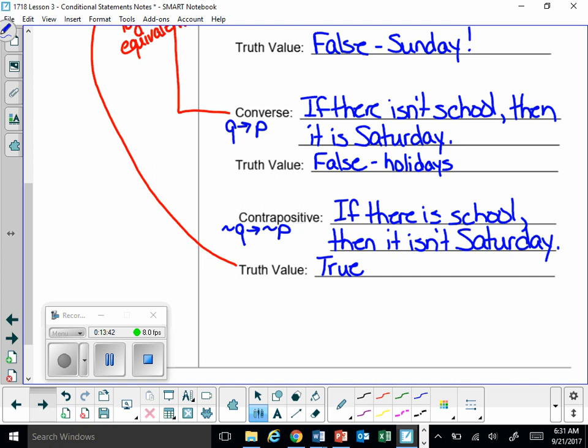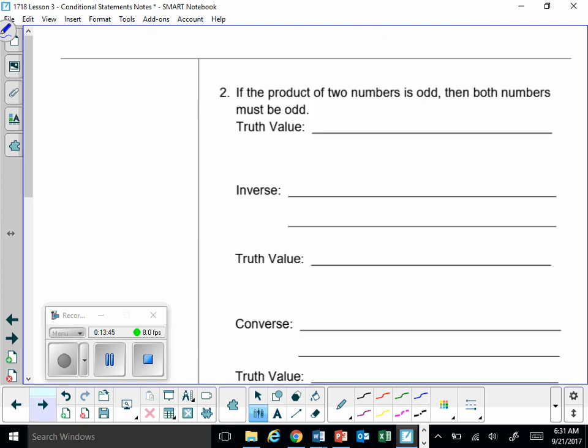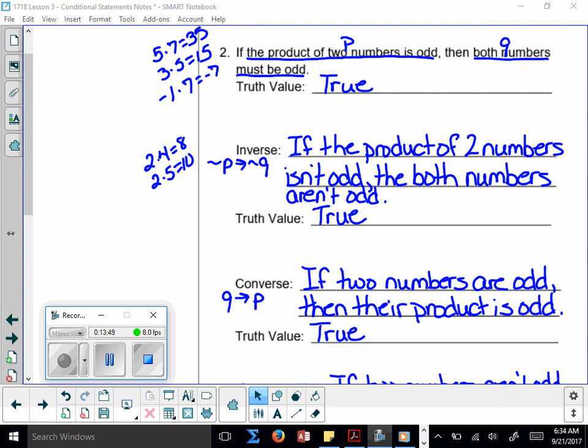All right. I want you to try number 2 on your own. Pause the video, please. All right, let's take a minute to check this one. The truth value of my conditional statement was true. And I did a little scratch work at the side to play with it and make sure, multiplying 2 odd numbers together and making sure my product was odd.